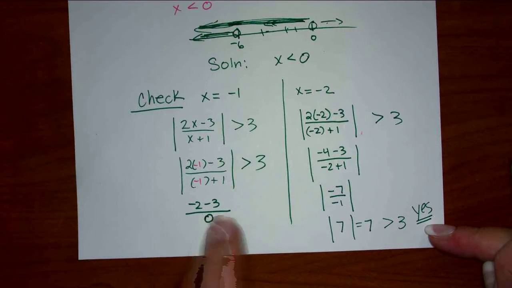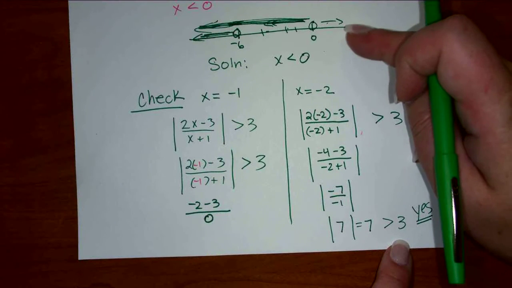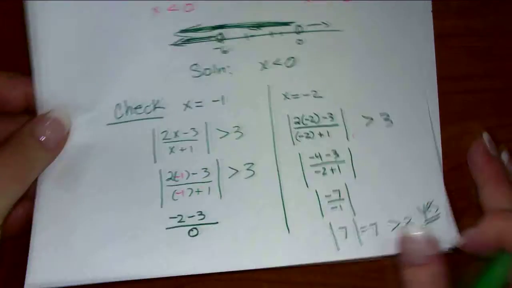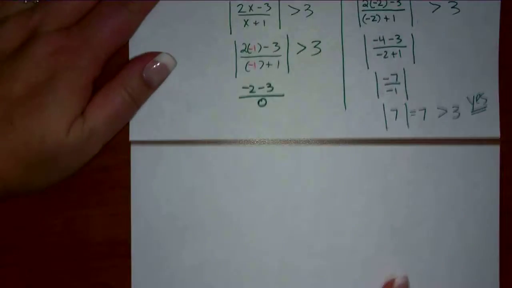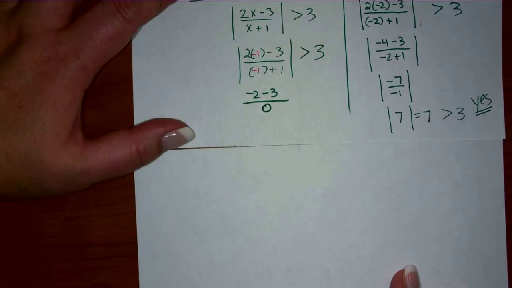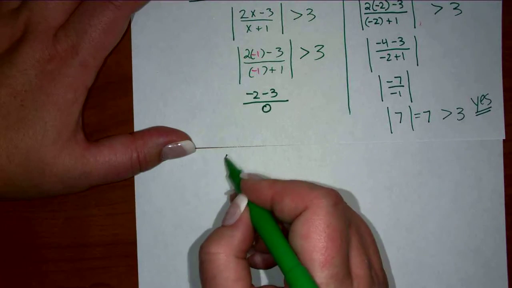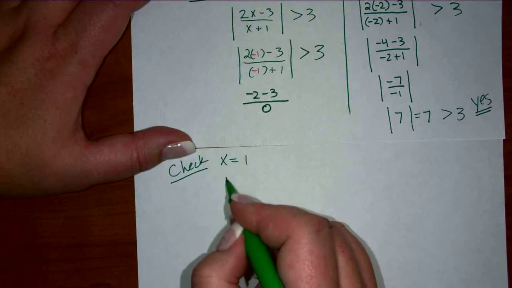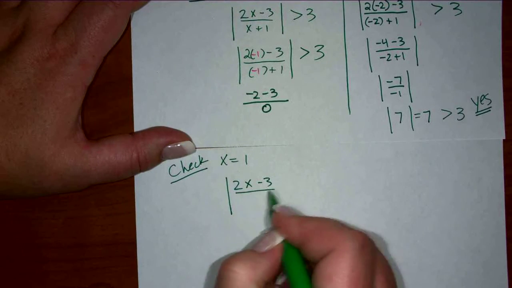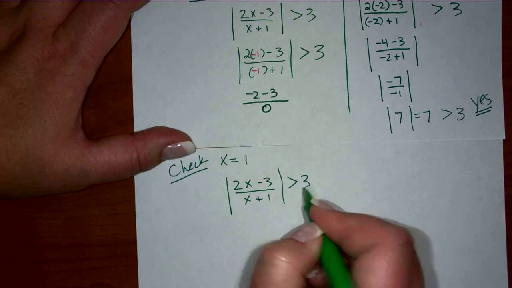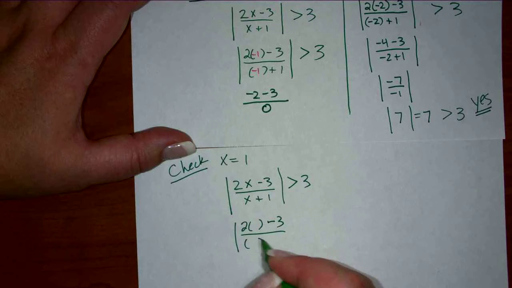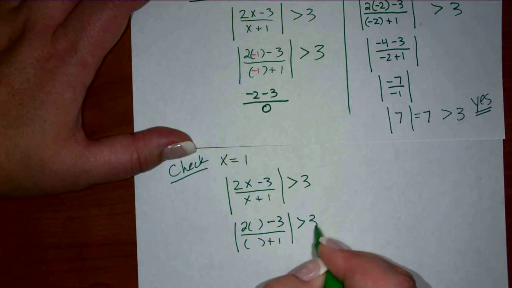This one worked. What about a number over here? What could we plug in to check this region? 1. Let's check 1. Okay, so instead of the x, we're going to put in 1.